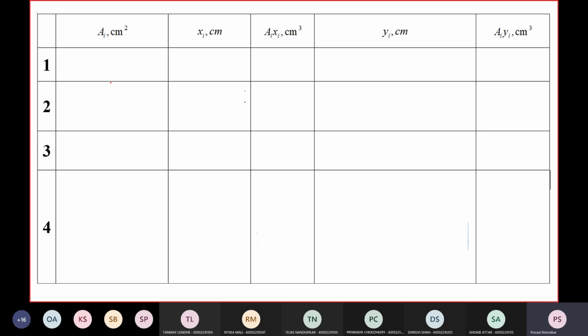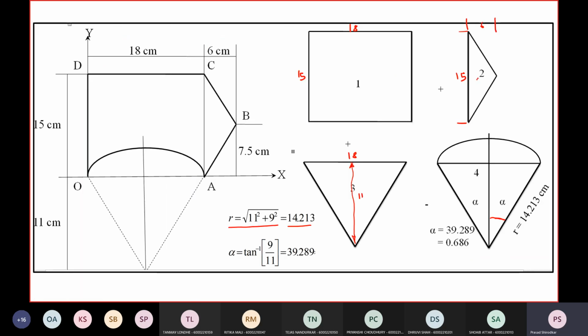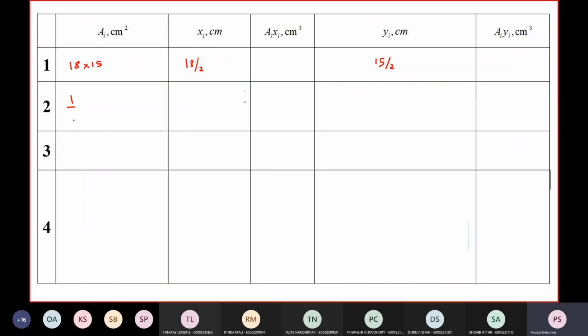So first area is the rectangle. Size is 18 by 15, so area is 18 by 15. X coordinate is 18 by 2. Y coordinate is 15 by 2. Second is the triangle, that is this triangle, second part. And it is half of 6 into 15.